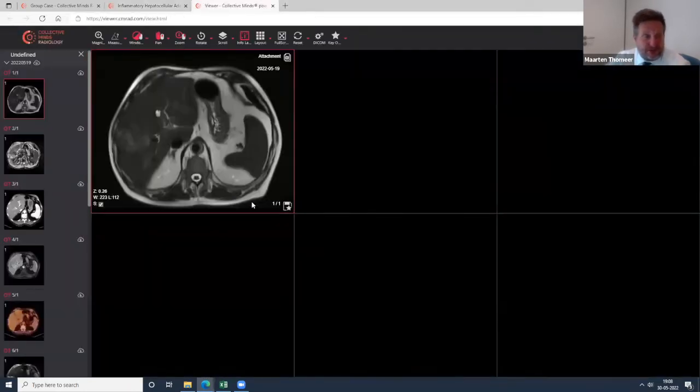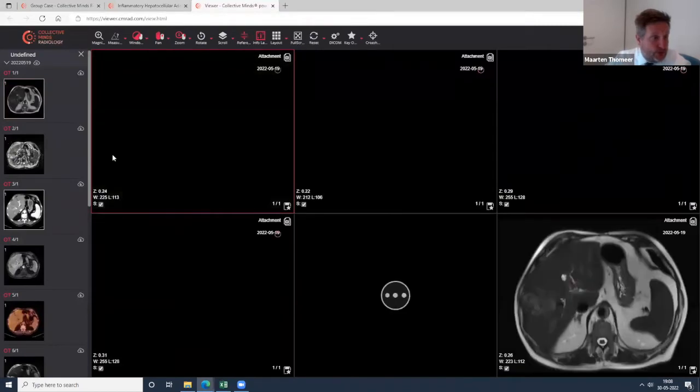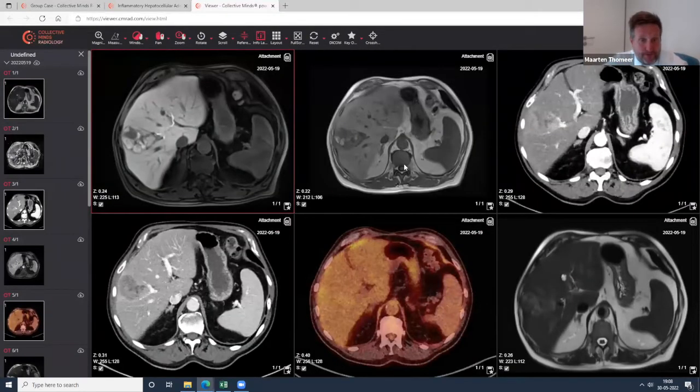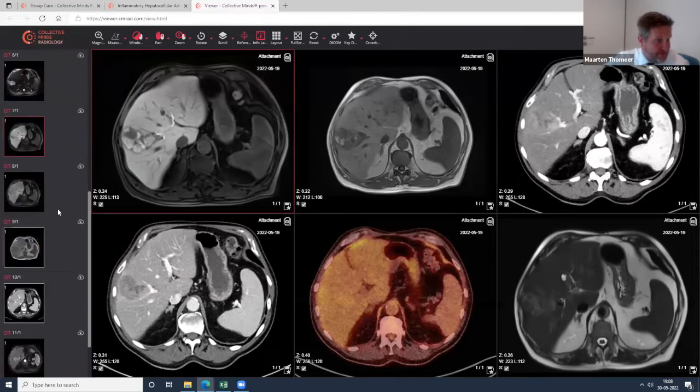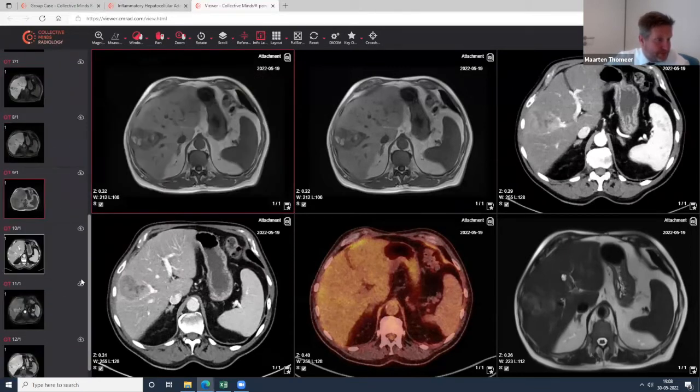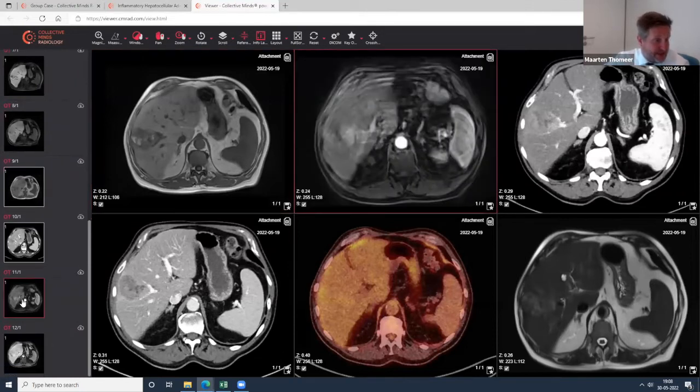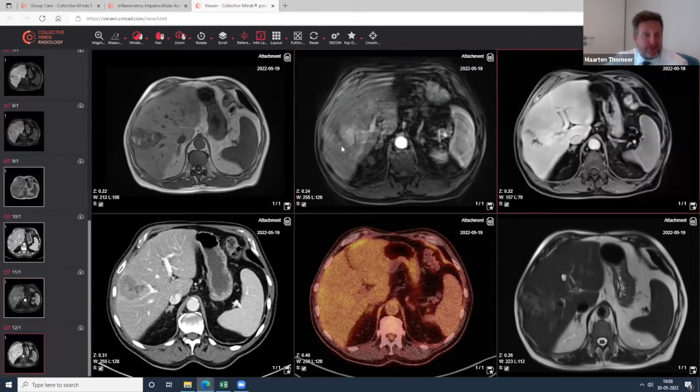So this should really help me. So what do we see here? I see the hepatobiliary phase on the left side. But let's first start with the imaging before contrast and after contrast on MRI.